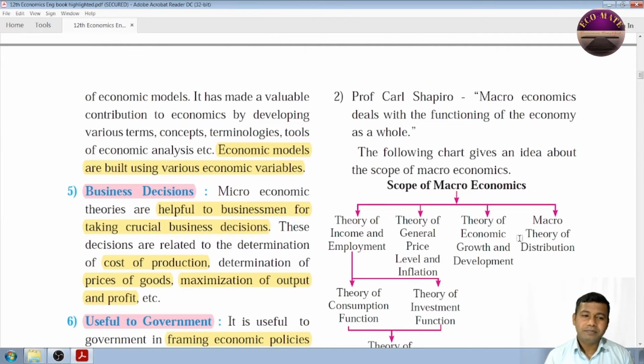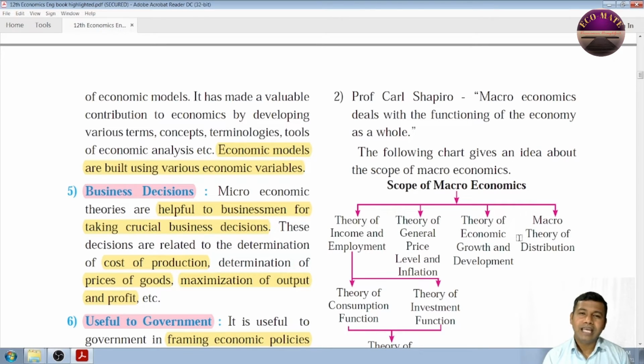Then the fifth point is business decisions. Now taking business decisions well is the main purpose and motive of any business. Any businessman would like to take better business decisions. Now how is it helpful? Microeconomics helps you to understand business decisions well. So it helps the businessman in taking crucial decisions related to the cost of production, the maximization of profit, and using the inputs and producing the outputs.